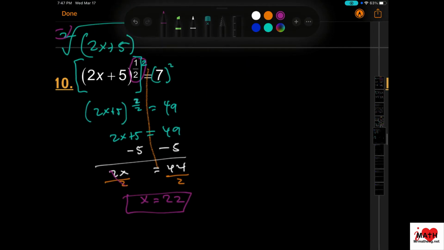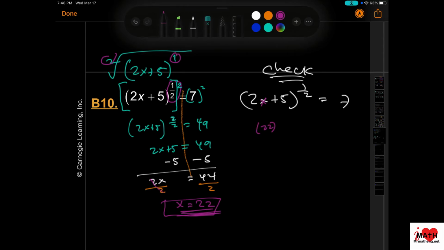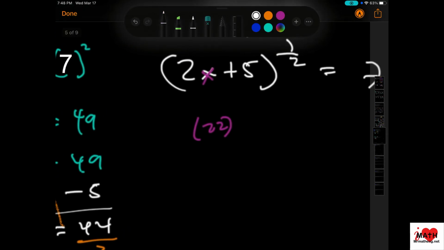Okay, let's check for extraneous solutions. What do you do for checking for extraneous solutions? You just write the original. X is equal to 22. And we just simplify here.